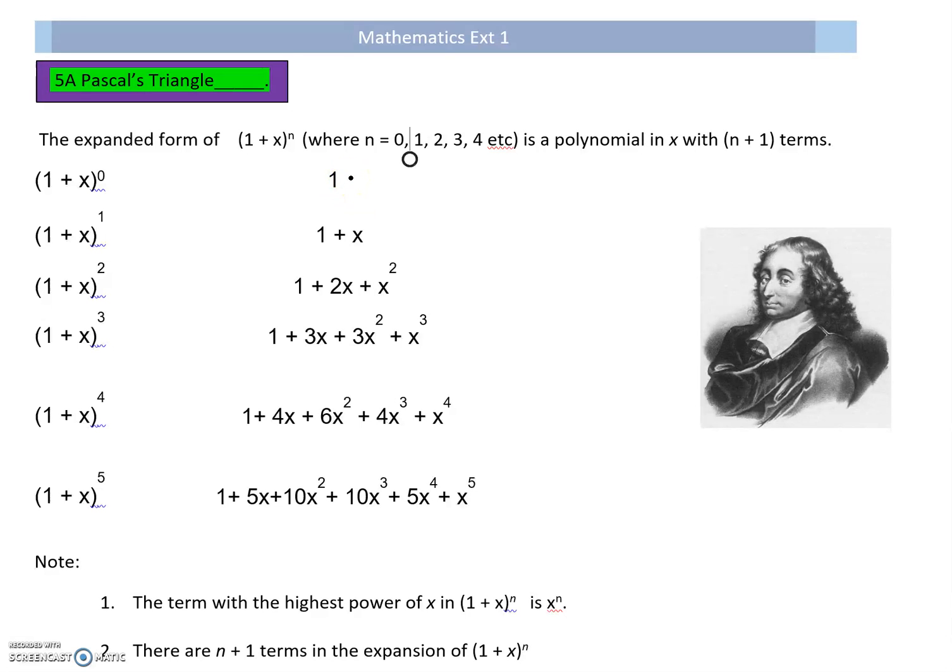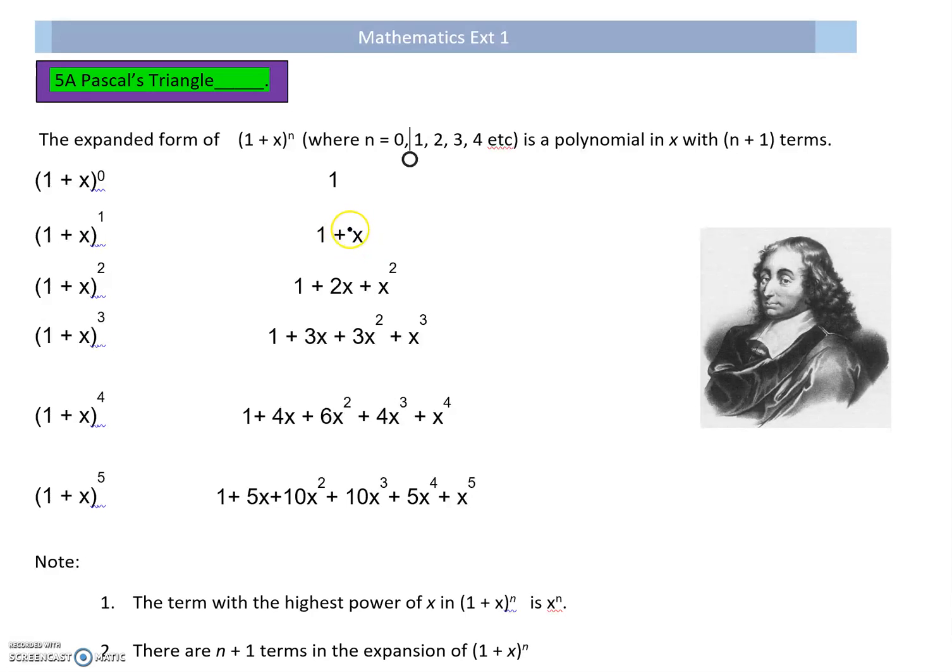Okay, let's have a look. So when you've got 1 plus x to the naught, anything raised to the 0 power is a 1. And there's nothing more to that one. 1 plus x to the 1, anything raised to the power 1 is just itself, so you get 1 plus x. I'll just try to make this a little bit more obvious.